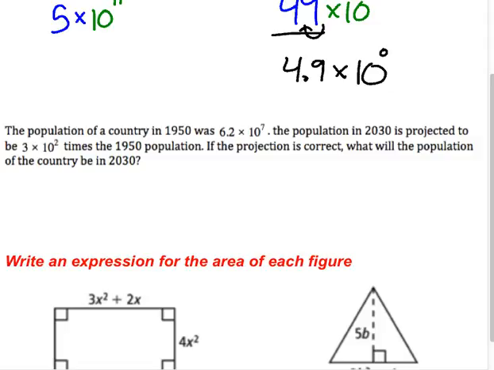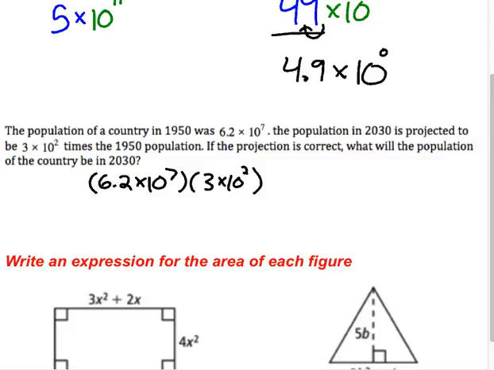If the projection is correct, what will the population of the country be in 2030? So we're starting at 6.2 times 10 to the 7, and it's going to be 3 times 10 to the 2 times larger. So I'm multiplying that. And they want to know, what is that population going to be?